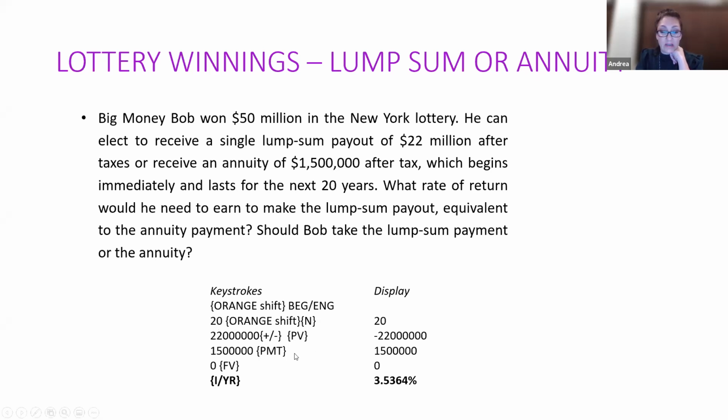That's going to be entered as a positive, and we are solving for I/YR. What is the rate of return that he would need to earn to make that lump sum payment equivalent? He would need to make 3.53%. That would need to be his rate of return to make it equivalent.